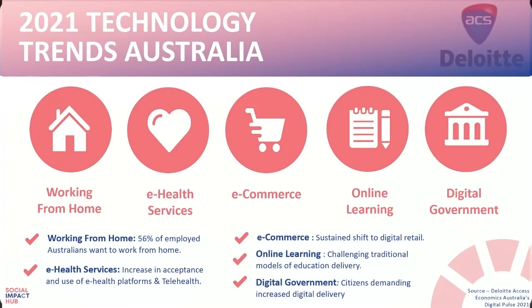Going forward from this year, there are 5 main themes that technology are going to help elevate and support, and many of these probably won't be much of a surprise to you based on your experiences in the last 12 months: working from home, a transition to more e-health based services, telehealth and such, digital online shopping with e-commerce, online learning, reluctantly or otherwise, and maybe a transition past that to something that's more student-centered or human-centered in the way it's designed and developed, and then digital government, around citizens demanding how they engage with government at all levels.